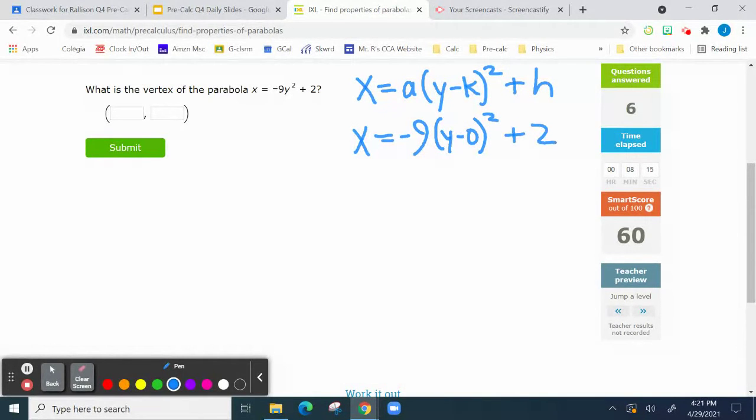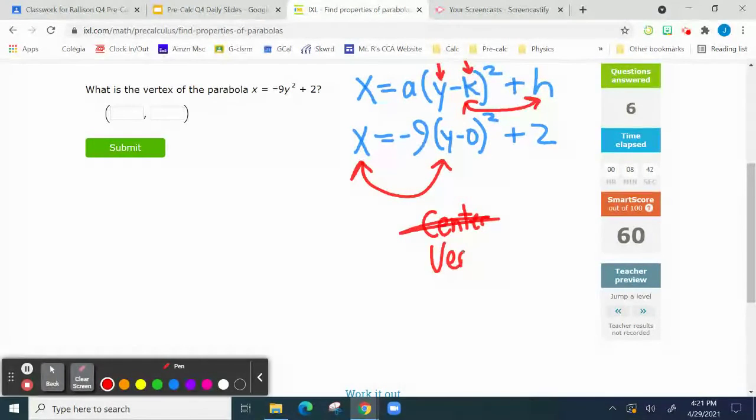Now you switch the h's and k's when you switch this around. When you're using the left and right and you switch the x's and y's, you end up switching the h and k from the y equals x form because you need the k in here with the y. But the center, that's for the circle.